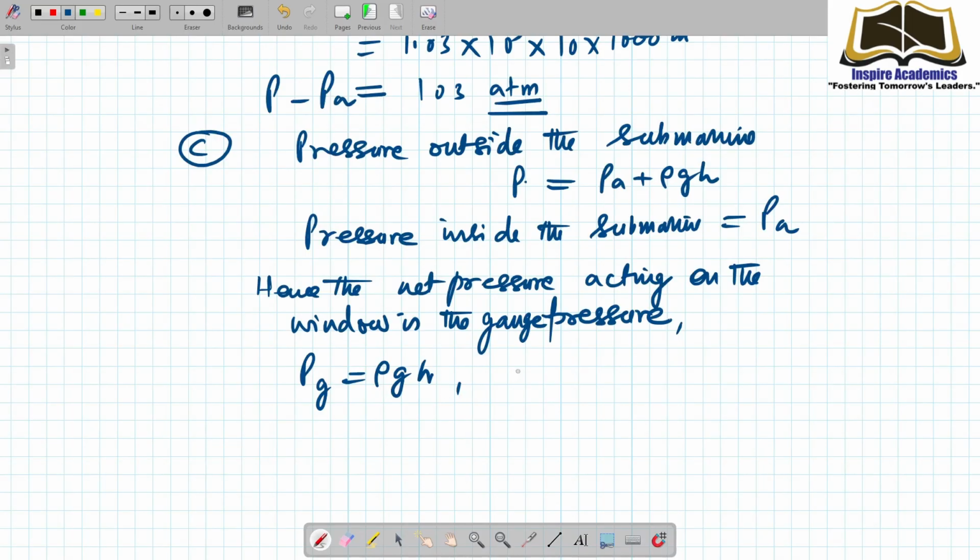And since the area of the window is 0.04 meter square, yes or no?